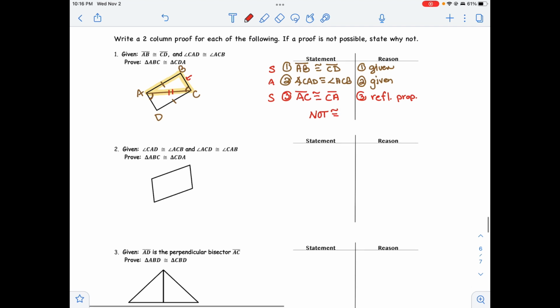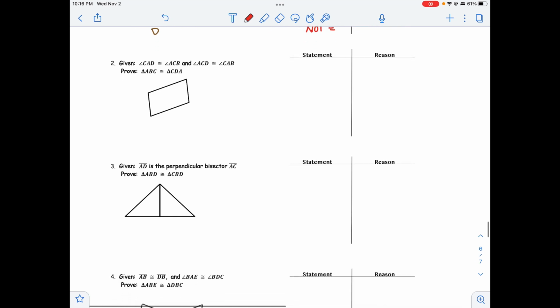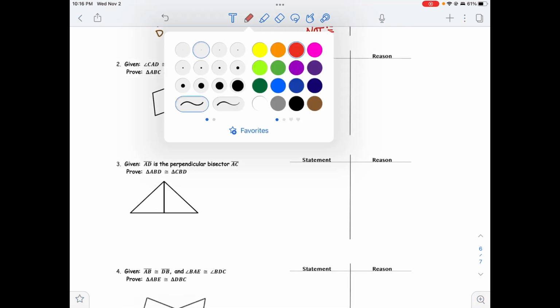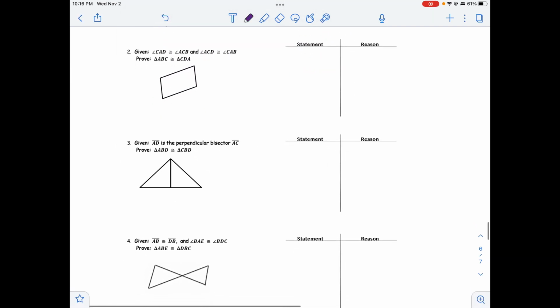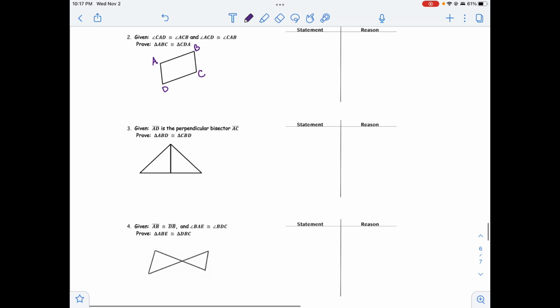So you're going to work the rest of them, and I'll go ahead and give you the labels for this page. And then as you progress through the video and answers, because I don't do a whole lot of explaining from this point on, just the answers, you'll be able to mark down. So this one is A, B, C, D. This one here is A, B, C, and D is here.